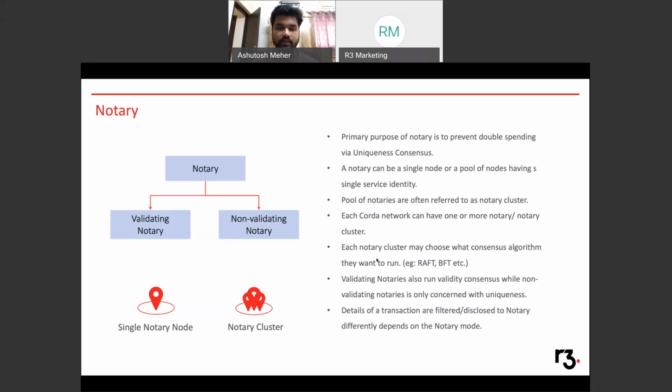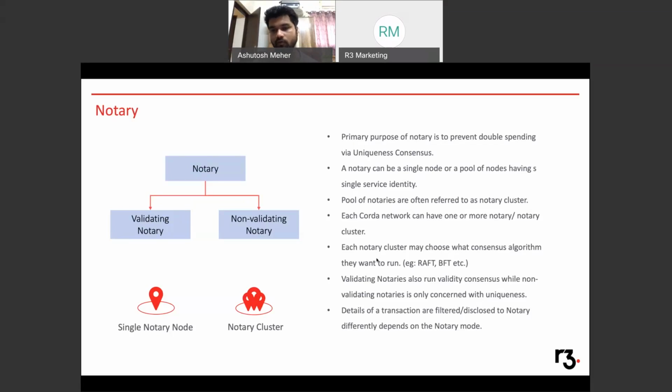Other critical information, like what exactly is being transacted, is masked away from the non-validating notary. The other type is a validating notary. Like the name suggests, it is pretty much the opposite of a non-validating notary. The validating notary will actually look at what's happening in your transaction. It will look at the content of the transaction, because as the name says, it will have to validate the business rules as well.